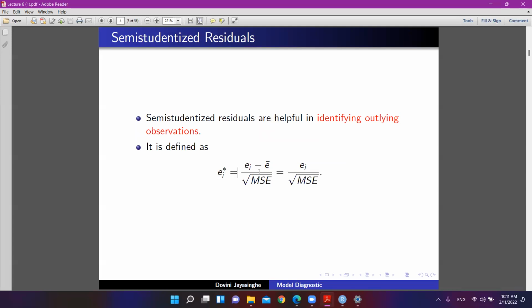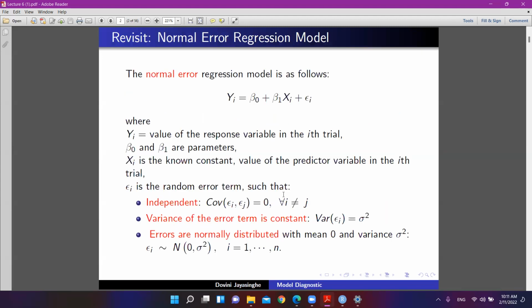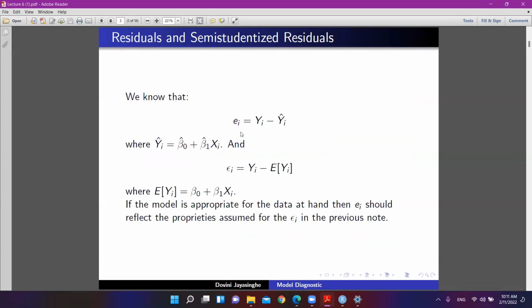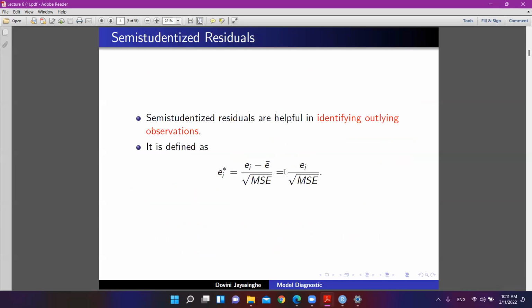Basically, it's obtained by (e_i minus e bar) over root MSE, but we know that this is the mean error, which is 0. If you compute all these and take the mean, it should be 0. That is how this thing is reduced to this formula.